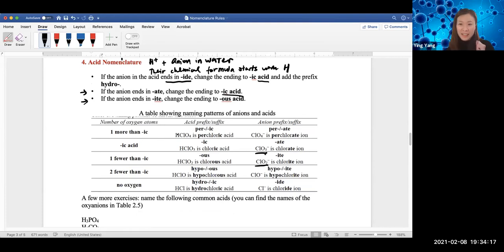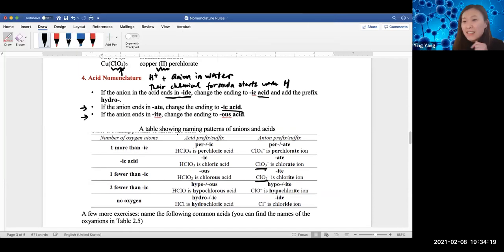Okay, I have a question here. So acid, is it an ionic compound or a molecular compound? What do you think? Let's see. Ionic, I see more molecular.